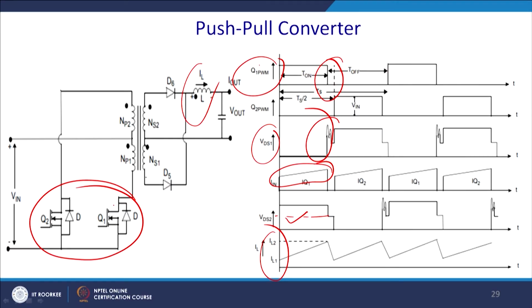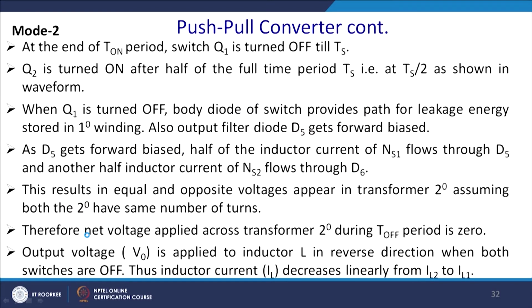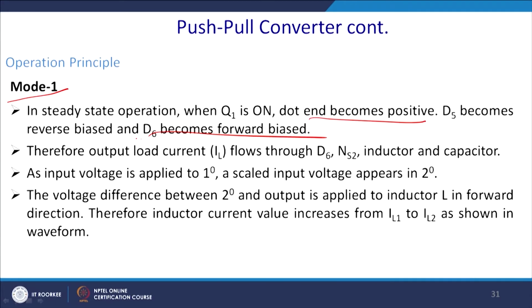Q1 is on, so current will flow like this. D6 becomes forward biased, therefore the output load current IL flows through D6, the NS2 winding, the inductor and the capacitor.